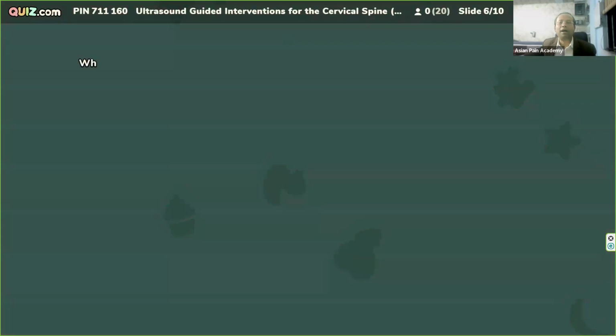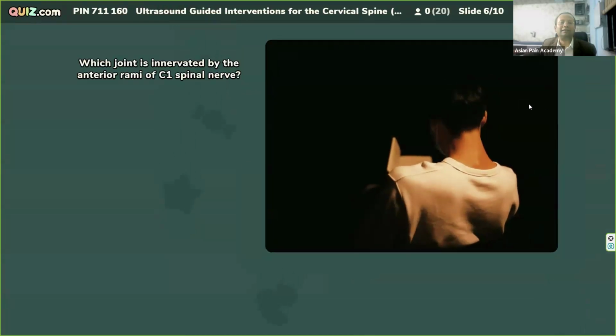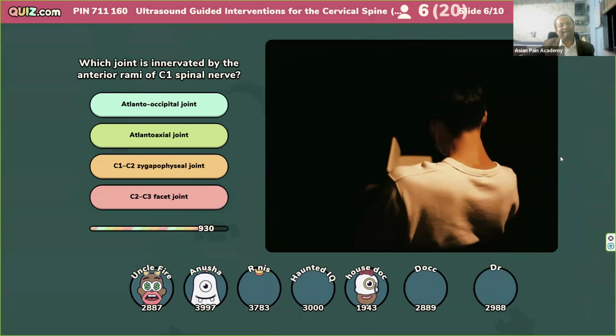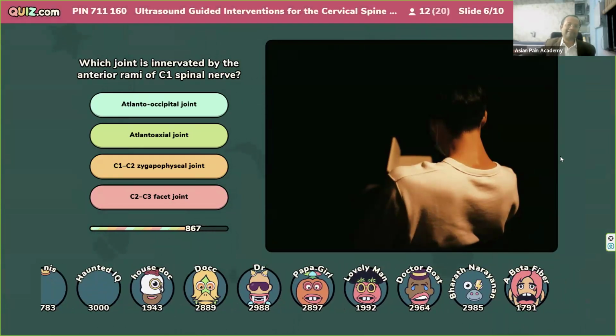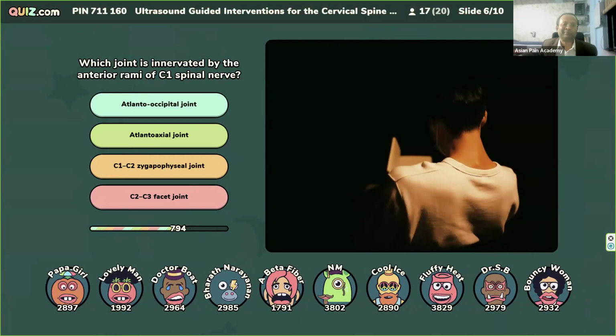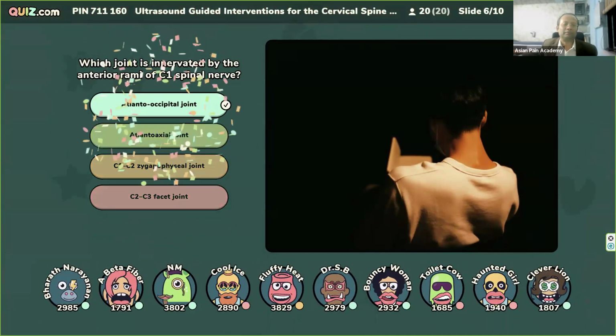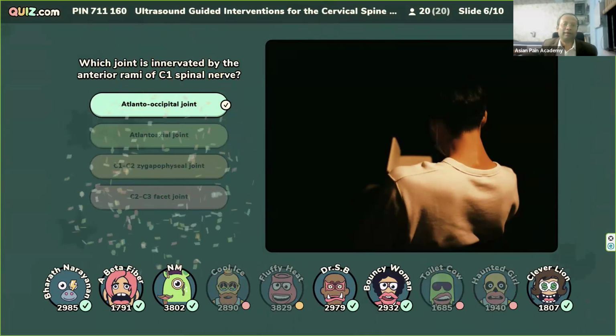Which joint is innervated by the anterior rami of C1 spinal nerve? Atlanto-occipital joint.